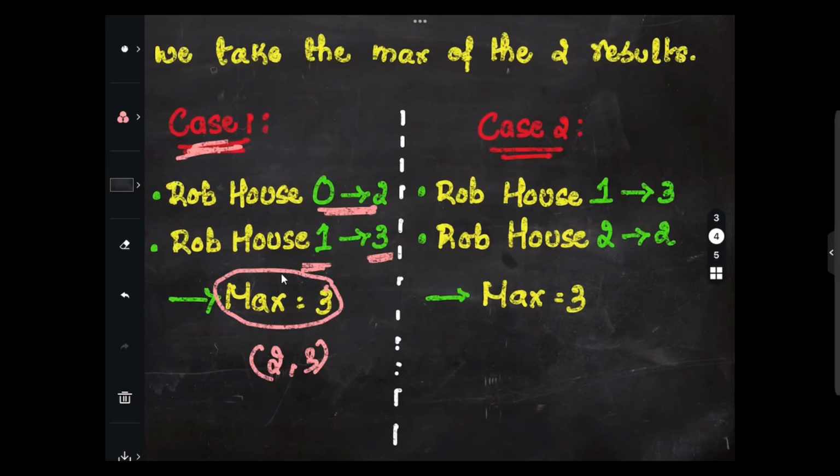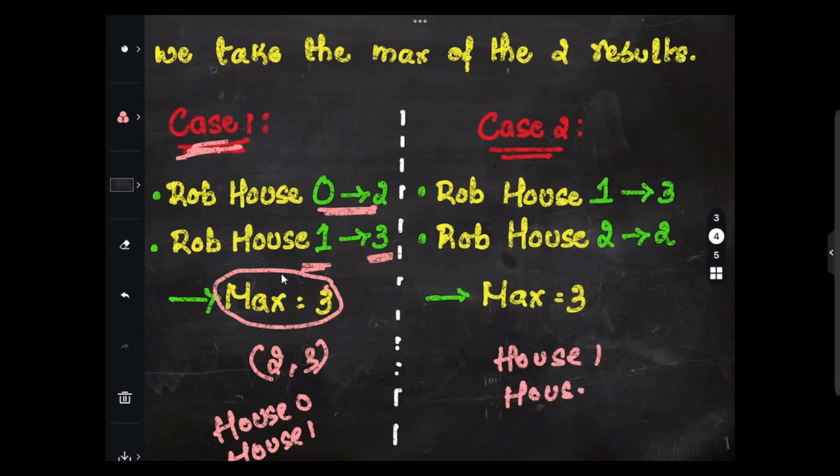So when we rob house 1 and house 2, we cannot go with the first and last house. Either we went with house 0 and house 1 for the first case, and for this one we will be going with house 1 and house 2.